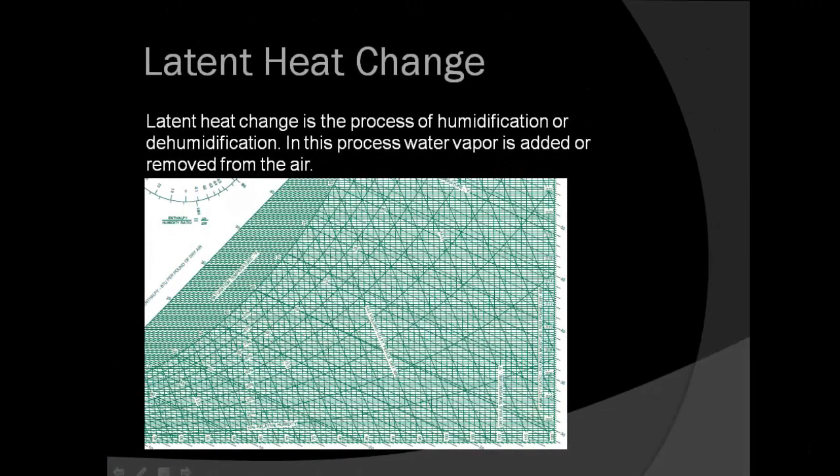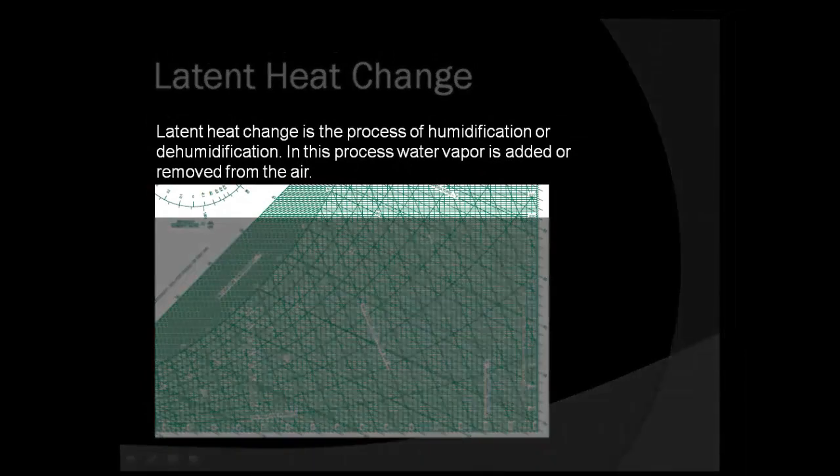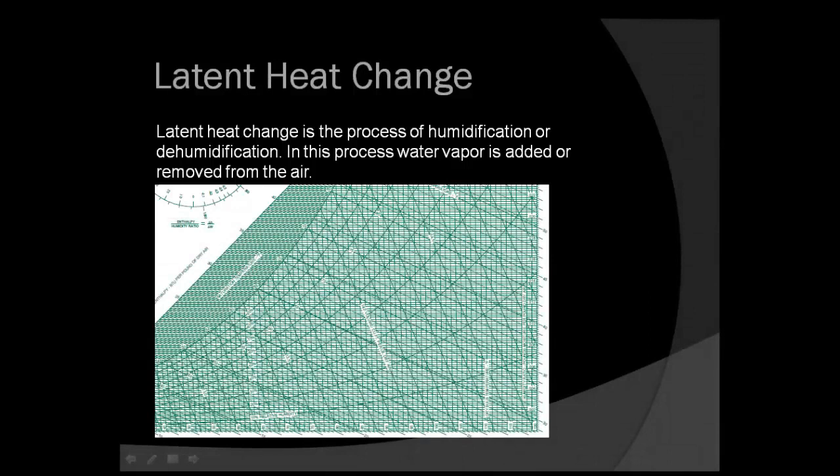Latent heat change. When water vapor is added or removed from the air, it is referred to as humidification or dehumidification, which results in a latent heat change. In this process, the dry bulb temperature remains constant. The humidity ratio is either increased, as in humidification, or decreased for dehumidification.